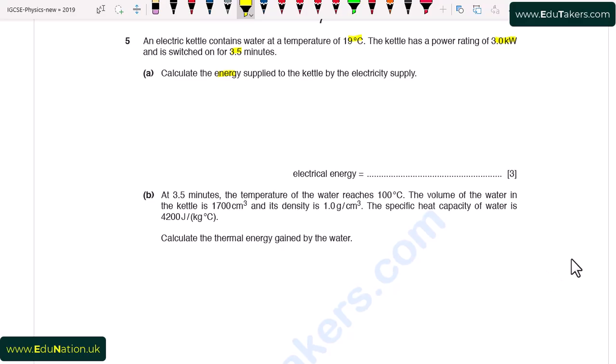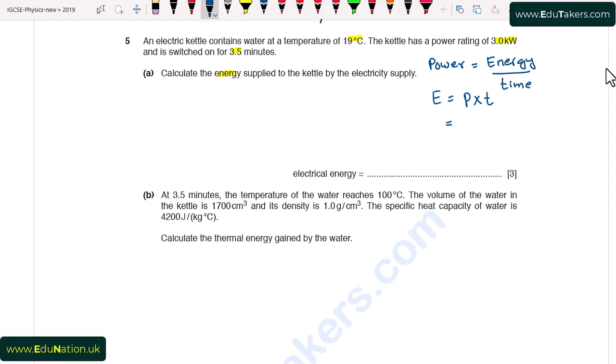So we know that power is defined as the rate of energy transfer. I write here power is equal to rate of energy transfer, that is energy over time. Here power is given and time is also given and we have to find the value of energy. So E is equal to P times T, where P is power and T is time.